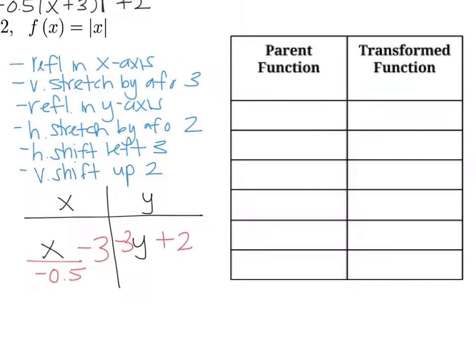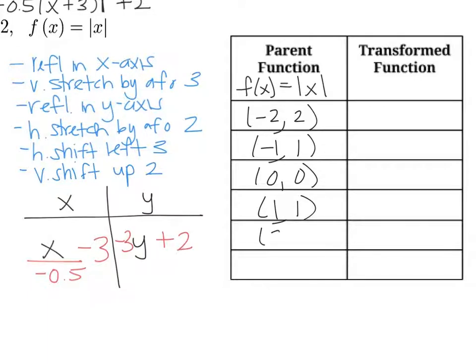So now that we have our key, we're going to write out the original points of the parent function, and our parent function is f of x is the absolute value of x. So let's write out some points. Let's do negative 2, 2. You can pick whatever points you like. Negative 1, 1, 0, 0, 1, 1, and 2, 2.